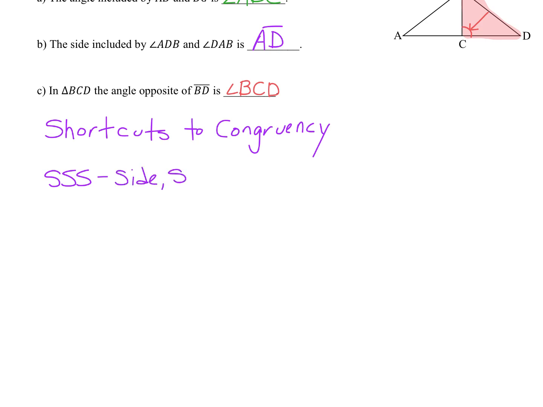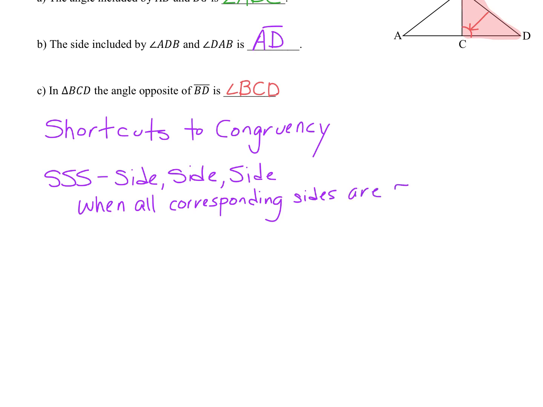We call this side, side, side, or SSS for short. Side, side, side tells me that when all corresponding sides are congruent, then the triangles are congruent.